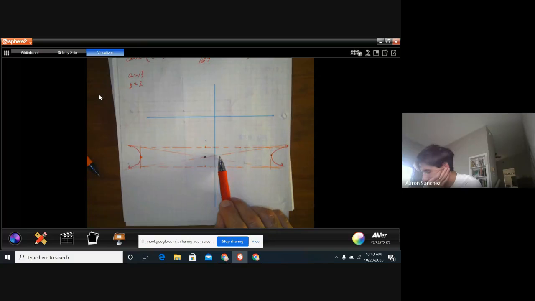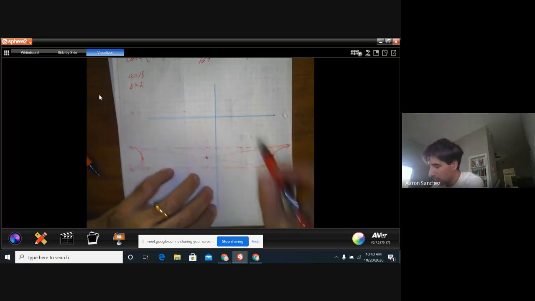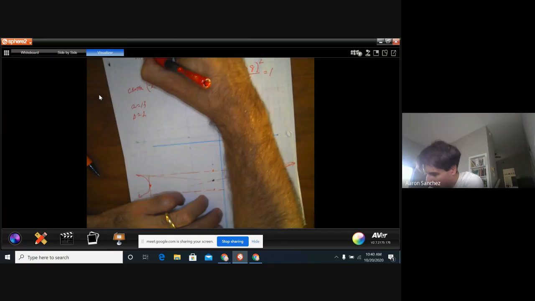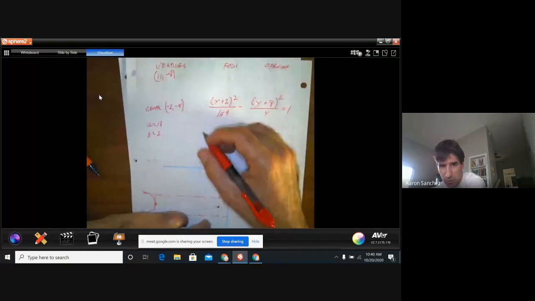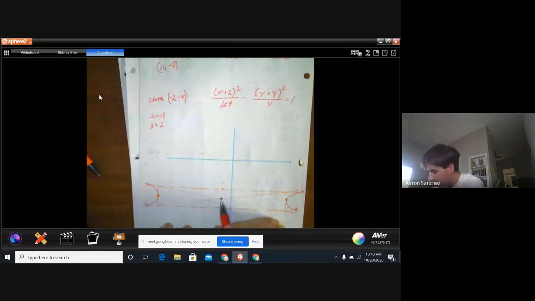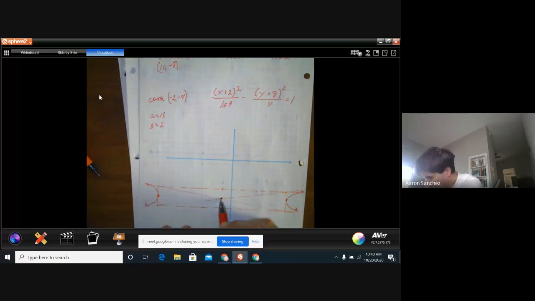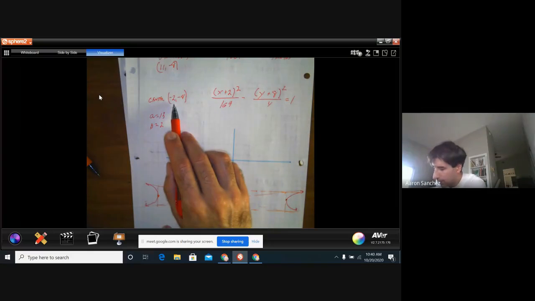So this is 1, 2, 3, 4, 5, 6, 7, 8, 9, 10, 11. So it'll be 11, -8. Can you see that? For my first vertex. And this one, I'm going to take away 13 from my -2. It should be -15.